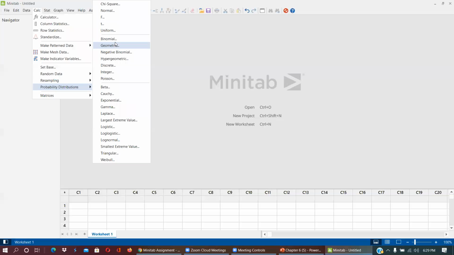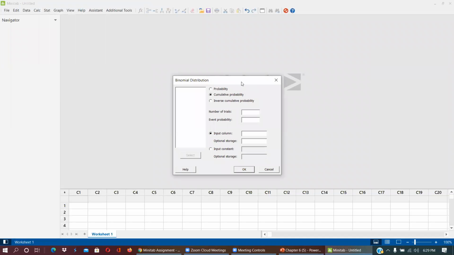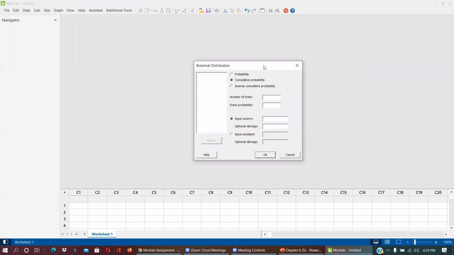Under Probability Distributions, we have Binomial. Now, the question is, which option do we need to use? We are using only simple probability. This is PDF, this is CDF, and this is inverse CDF. These are the 3 options. We are just using PDF as of now.